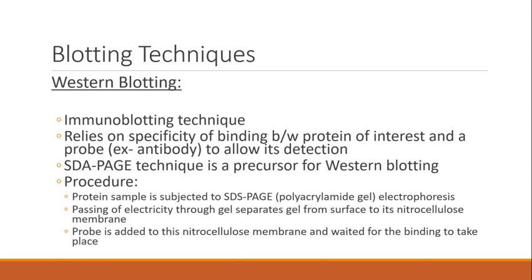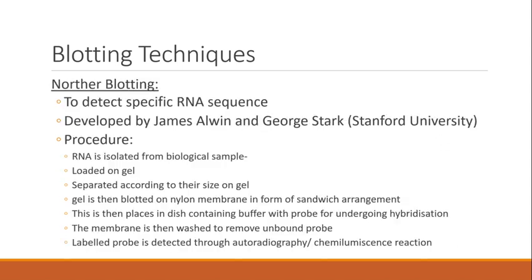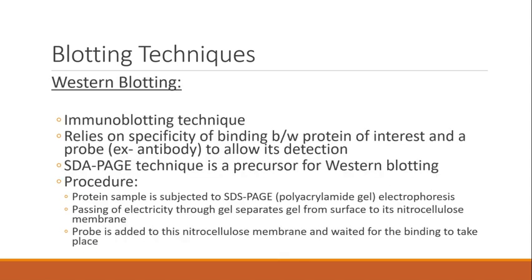Now in this case we have electrophoresis again, but here we'll be using the PAGE technique, as in a different gel, polyacrylamide gel, is used. Like in the earlier case we had the nylon membrane, right? Here we'll be using polyacrylamide gel for electrophoresis as a precursor for Western blotting. Similarly, the sample is taken, isolated, and run on the gel.